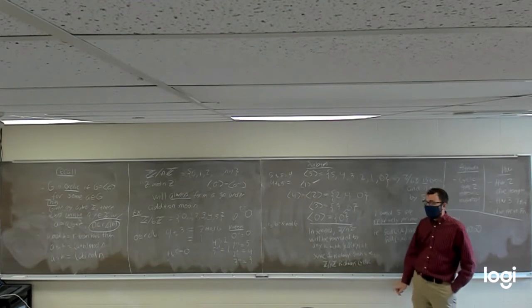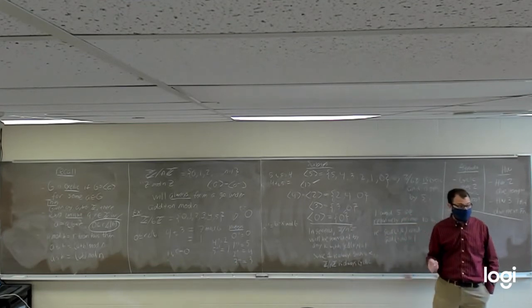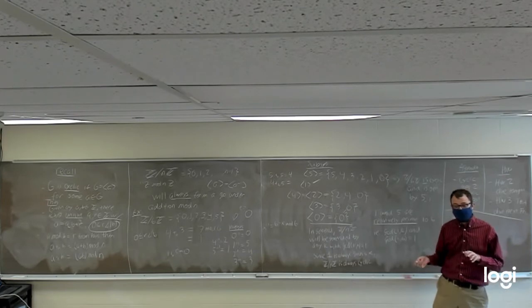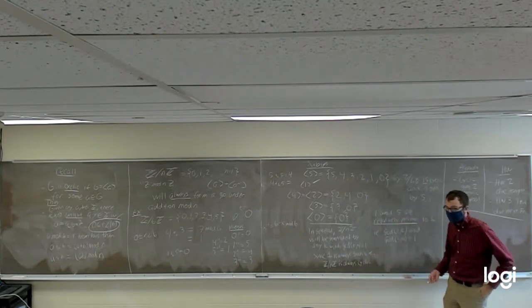And unlike the integers as a whole, Z mod nZ is our first example of a finite cyclic group. A cyclic group, a group that's generated by only one element, but also only has a finite number of elements to it.